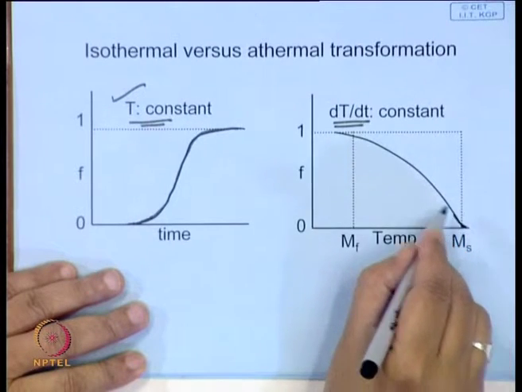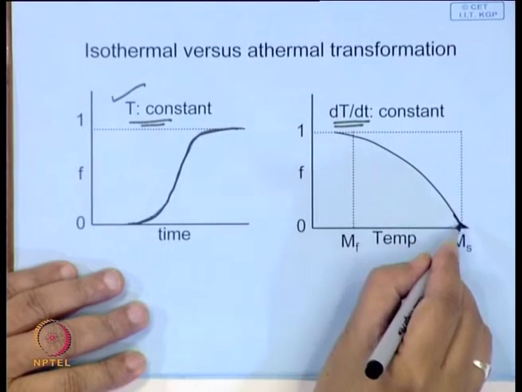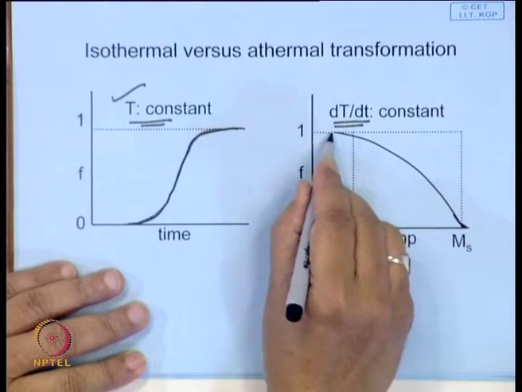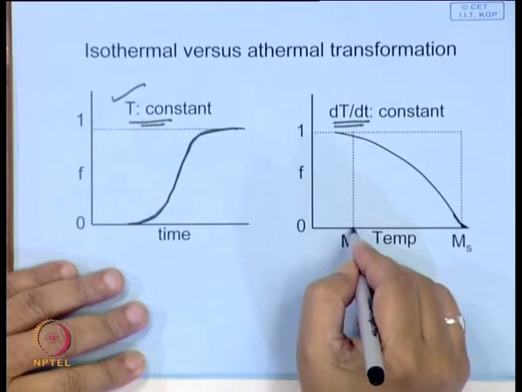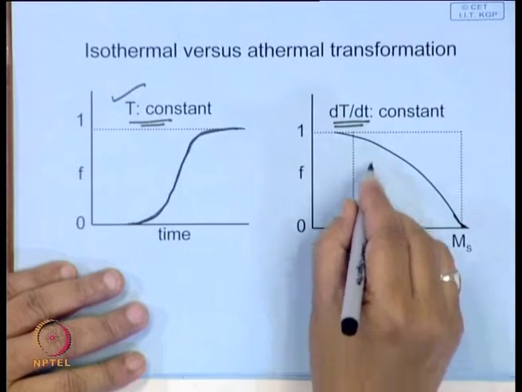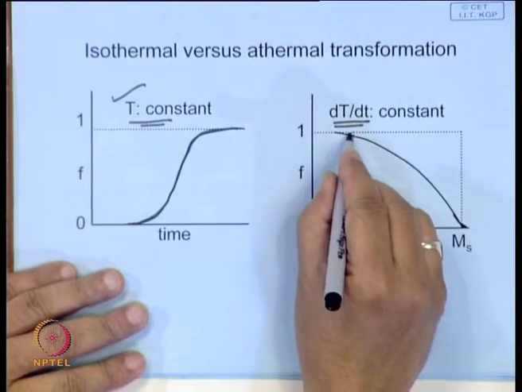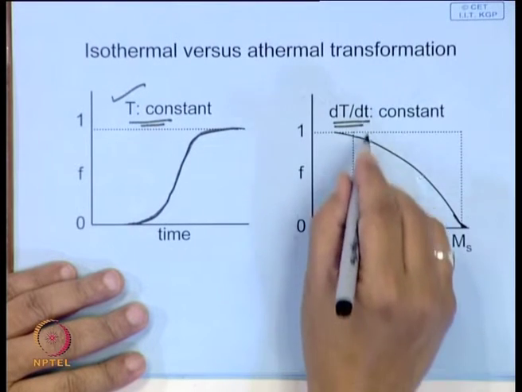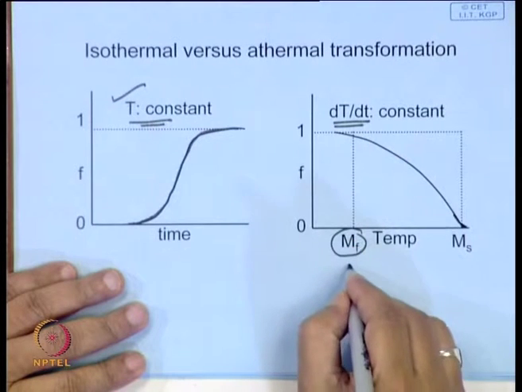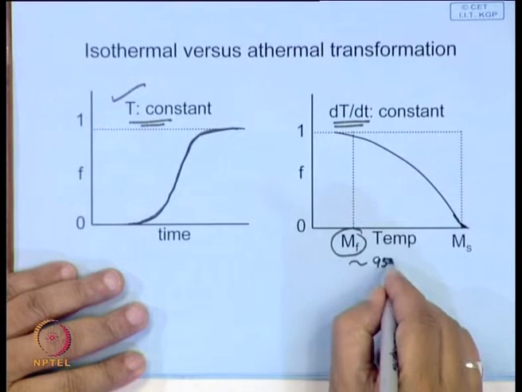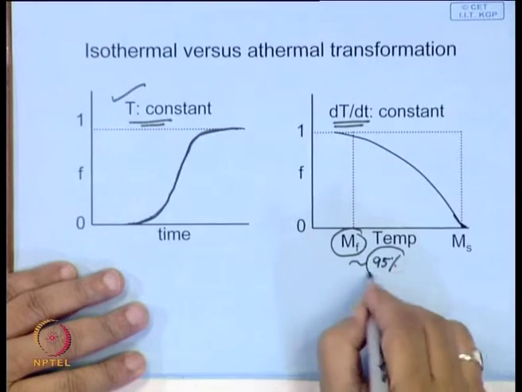Once Ms is crossed, the transformation continues like this, and it is extremely difficult to find out where the transformation is complete. We will always see later that some amount of untransformed austenite remains in the structure. So usually Mf corresponds to possibly 95% transformation.